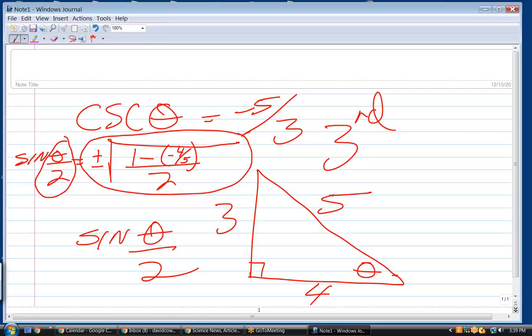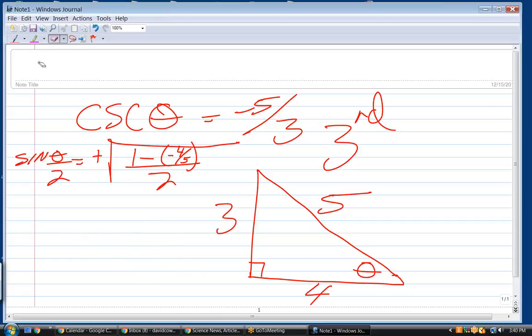If you divide the possibilities for theta by 2, you end up in the second quadrant. Somewhere between 180 and 270, half of that gives you 90 to 135. That's second quadrant. So I know my sine has to be the plus sign of this. So that allows me to erase the minus.